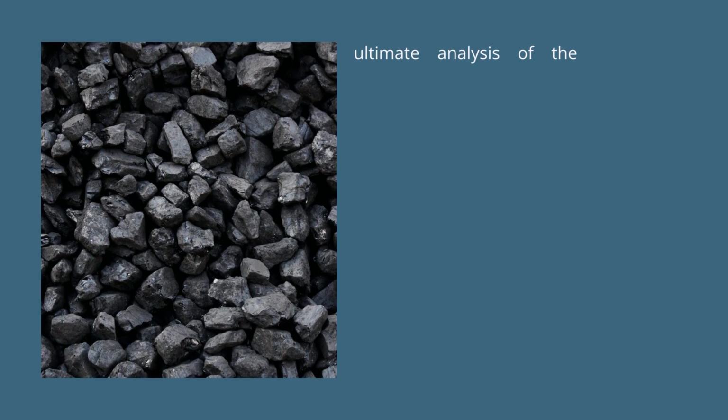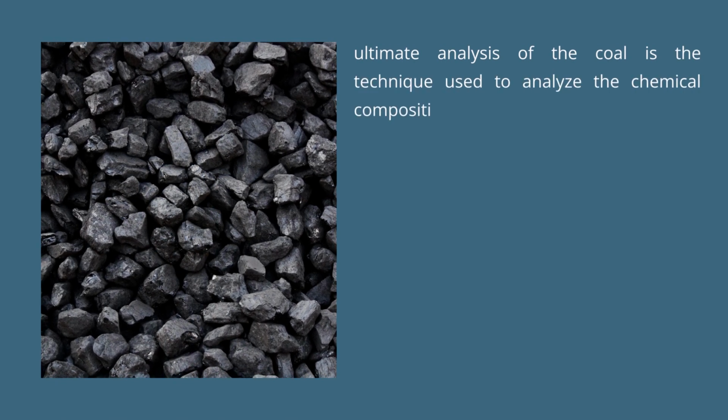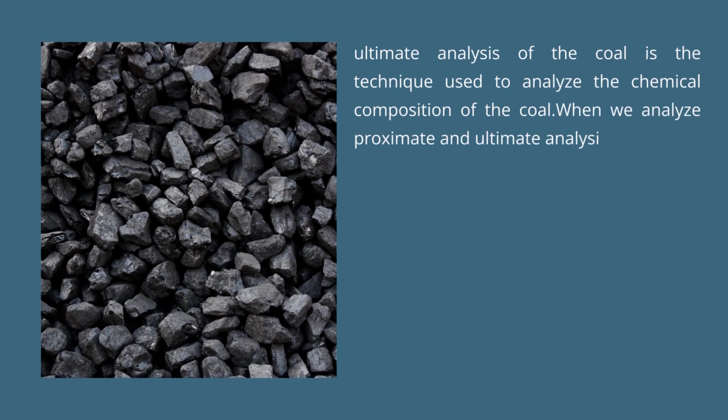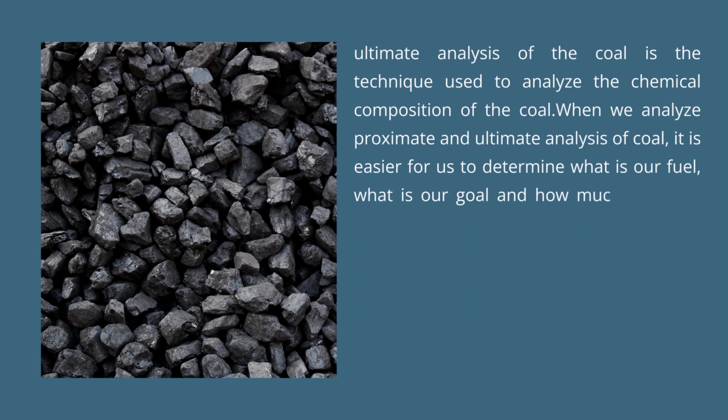The proximate analysis of coal is a technique used to analyze the moisture content, ash content and fixed carbon content of the coal, whereas ultimate analysis of the coal is the technique used to analyze the chemical composition of the coal. When we analyze proximate and ultimate analysis of coal, it is easier for us to determine what our fuel is, what our coal is and how much value it has. It will be easier for us for the production process.